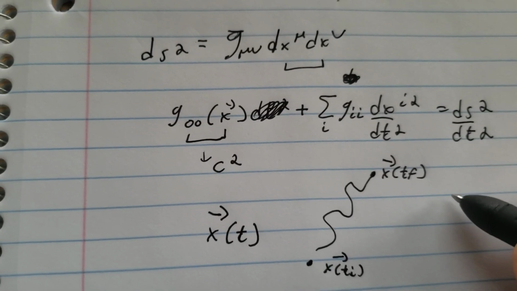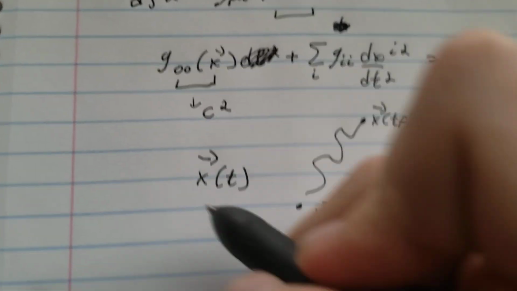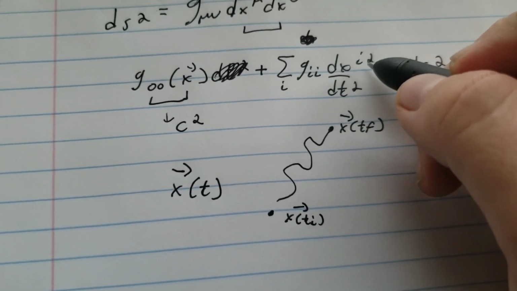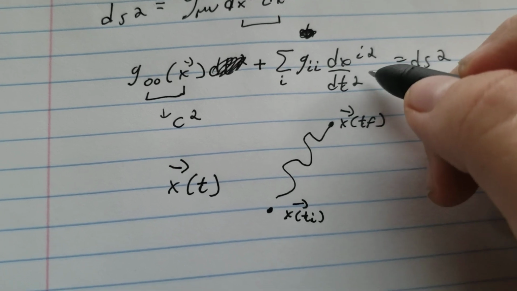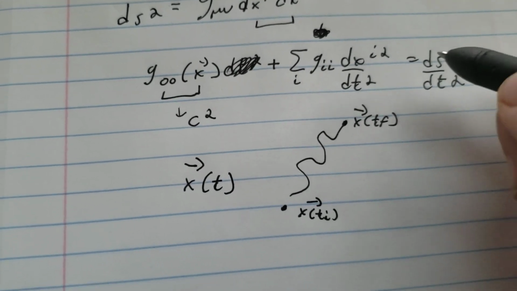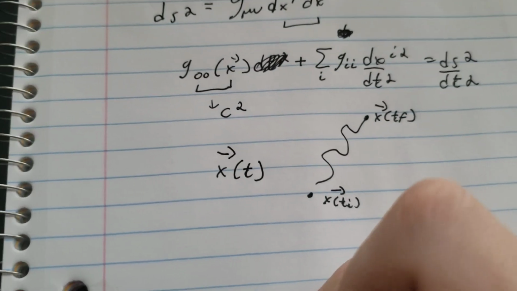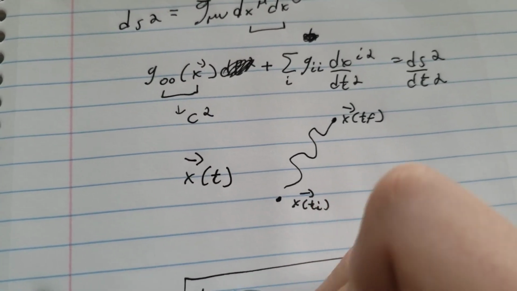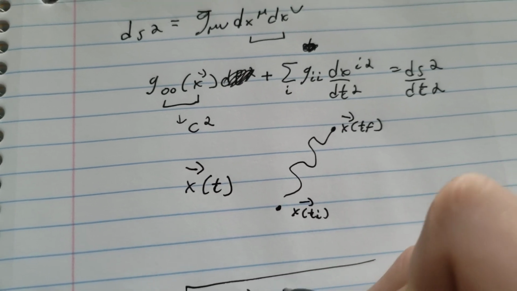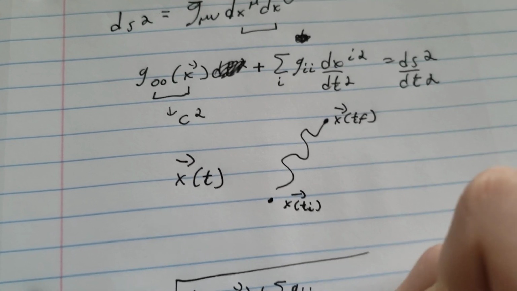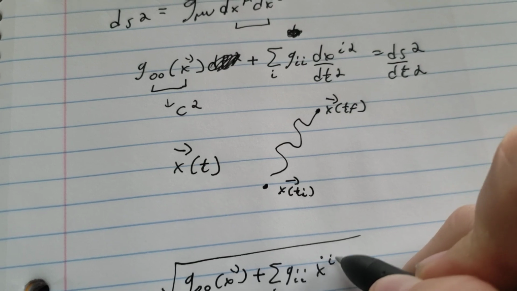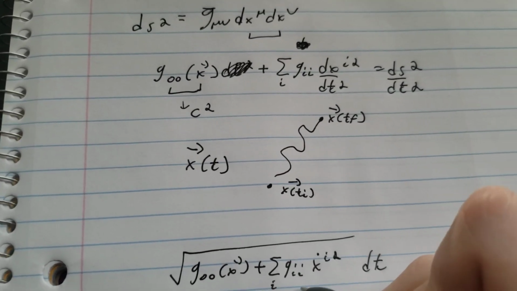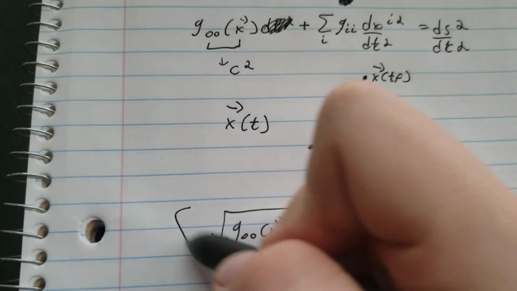And so, kind of like with the arc length, the way that these positions vary with time defines the path, which enables us to take the square root of g_0 plus g_i x_i dot squared times dt, and the path uniquely determines this.